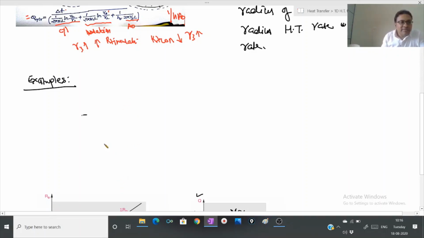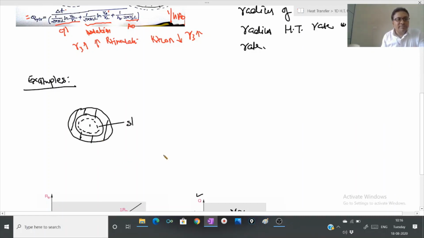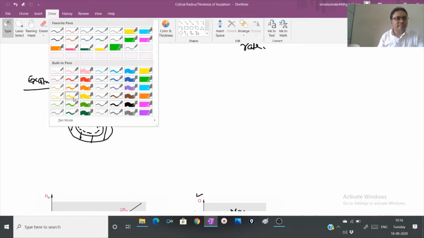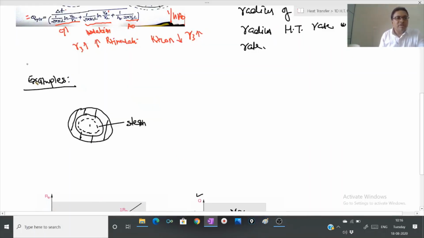Let's say this is a steam pipe having certain thickness. It is carrying steam inside, represented by a thin fluid film of steam. Now, in order to reduce the heat transfer rate, we want to provide a layer of insulation over this.